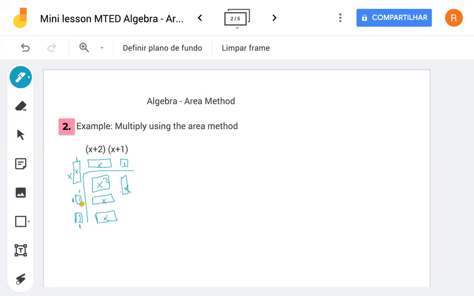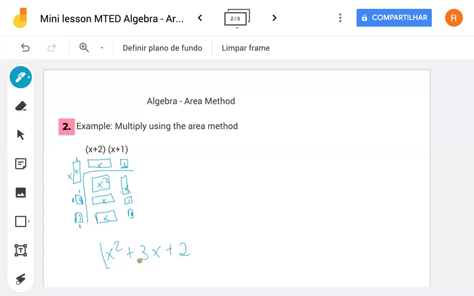Okay, now the same here. I need to multiply the length times the width. So 1 times 1 will be another little box here equal to 1, and another one here. Okay, so just look at this picture. You can see that I have x squared plus 3x plus 2.